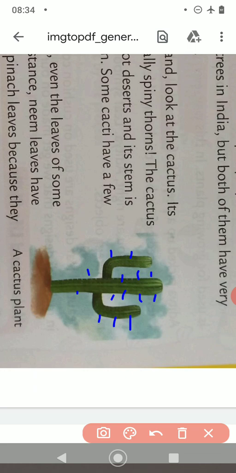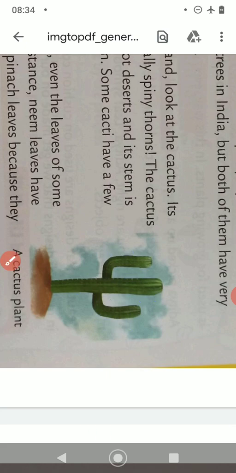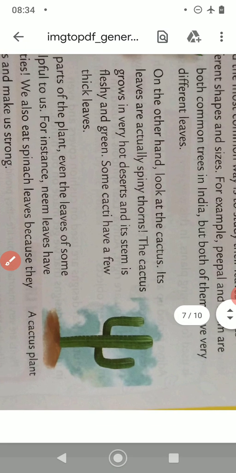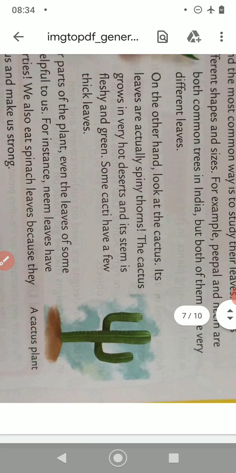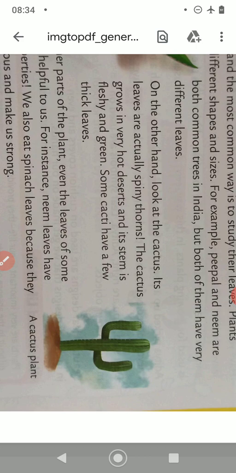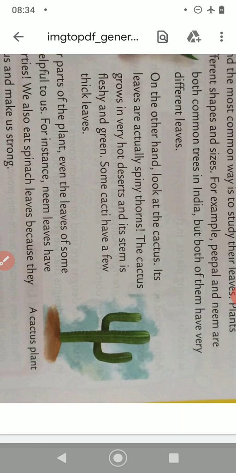Now, why the spiny thorns? I told you, because in the desert area there is no water, or very little water is available. Therefore, plants do not have leaves, they turn into spines. The water absorbed by the plant is given out in the form of vapors by the leaves during the process of transpiration, which you don't understand now, you will understand later.